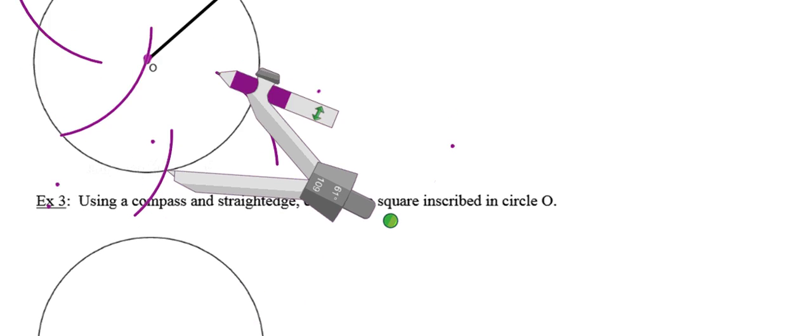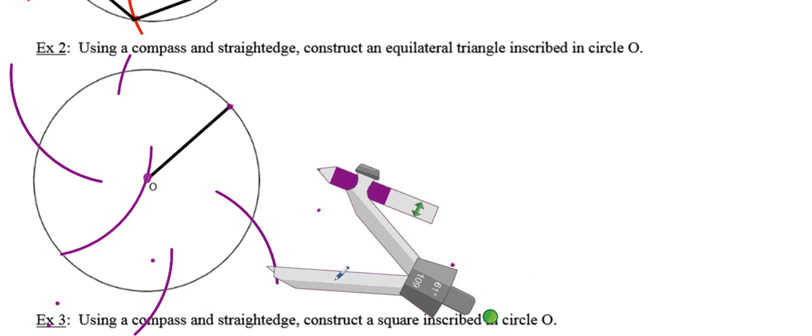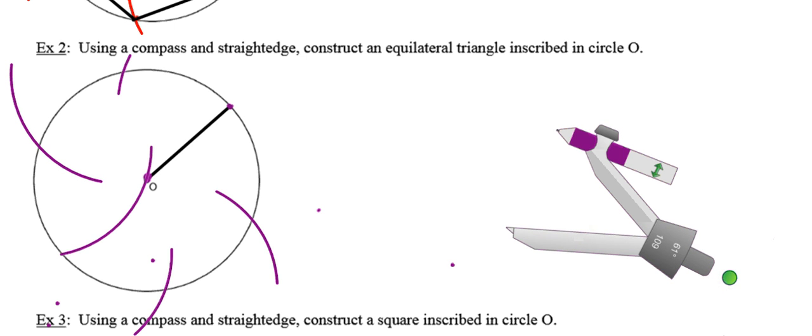And then once you have those 6 equal arcs constructed, you'll have the 6 points that divide that circle into 6 equal pieces. But for a triangle, we don't want to divide the circle into 6 equal pieces. We want to divide our circle into 3 equal parts.